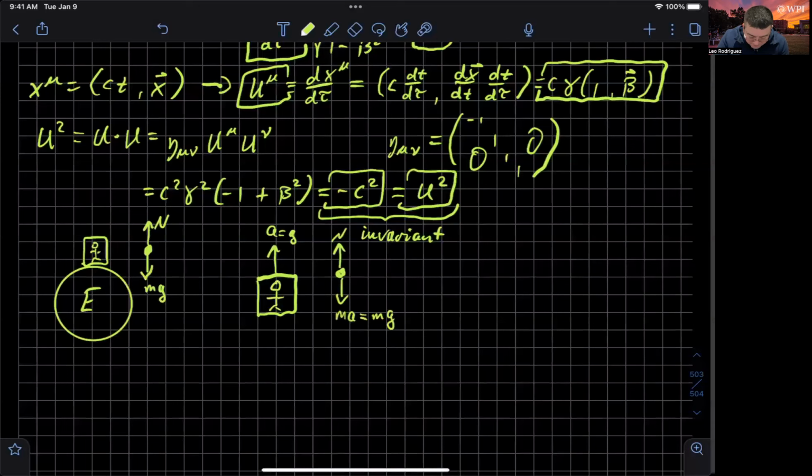So a person in a closed container can't tell a difference between being accelerated in free space at the same value as g, or being stationary on the surface of the Earth and being pulled down by gravity with the value of g on the Earth's surface. That was Einstein's famous thought experiment, and that's how he coined the equivalence principle.